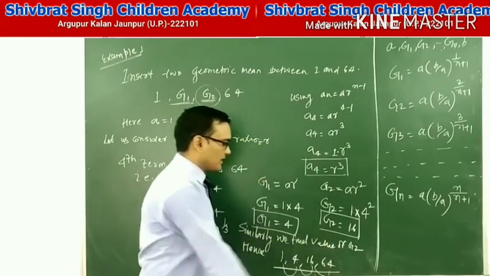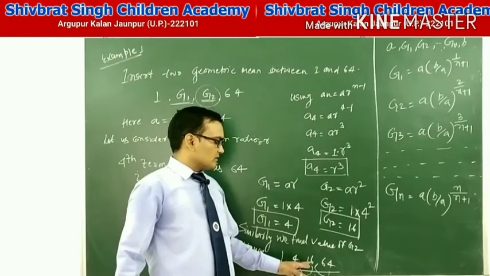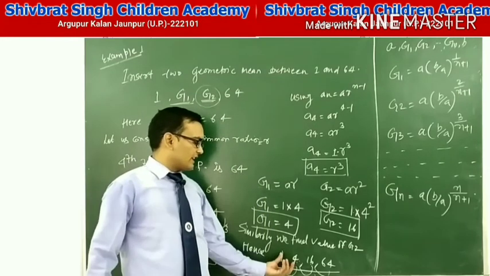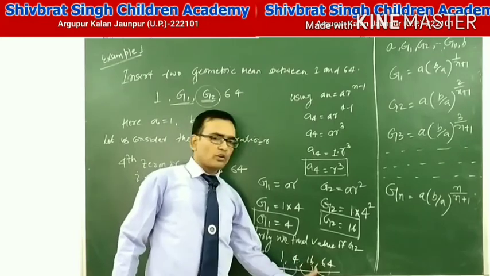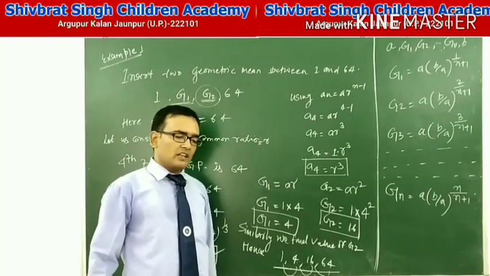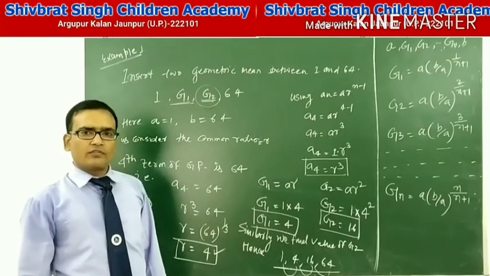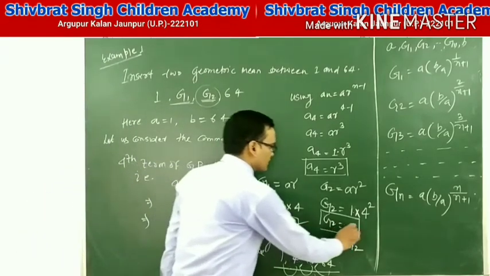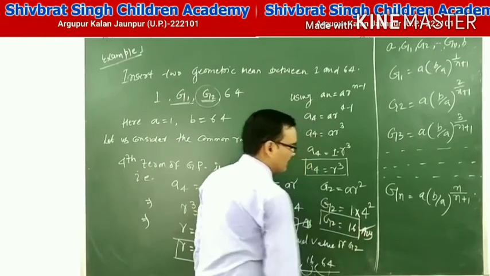We find the common ratio is 4 each time. Then this is a GP and your answer is correct. The first geometric mean is 4 and the second geometric mean is 16.